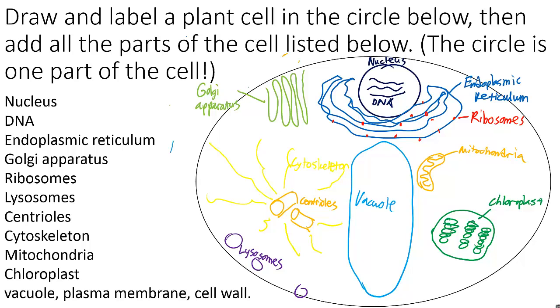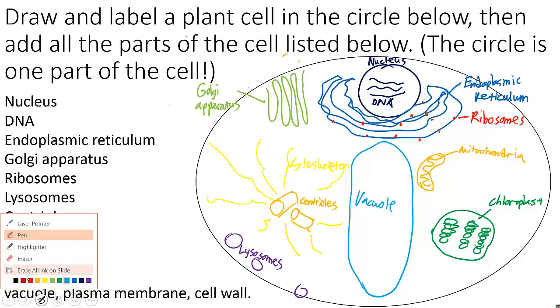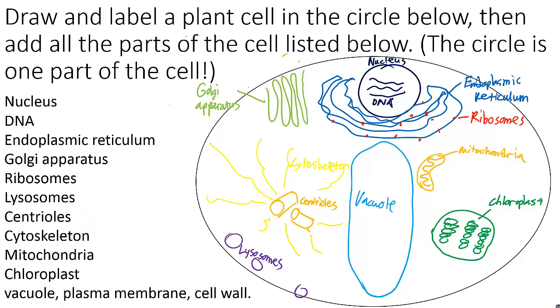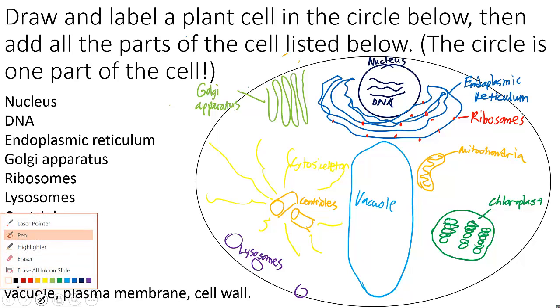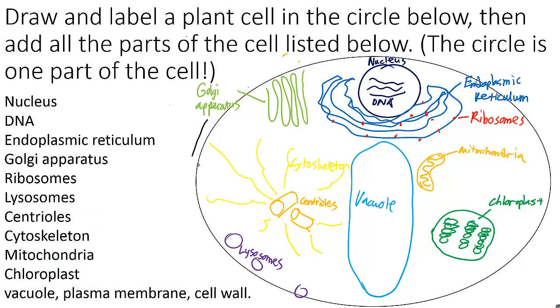And last but not least, I need a plasma membrane and a cell wall. Well, that's easy. I just need to draw another line here. So I'm going to make this my cell wall on the outside. So this right here is going to be my cell wall, this big thick black thing.